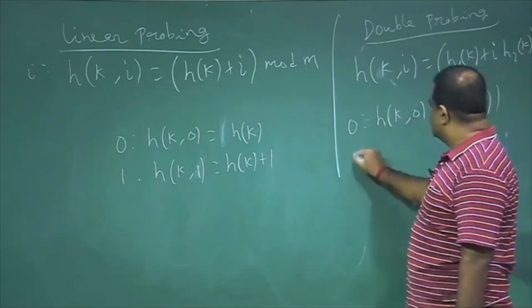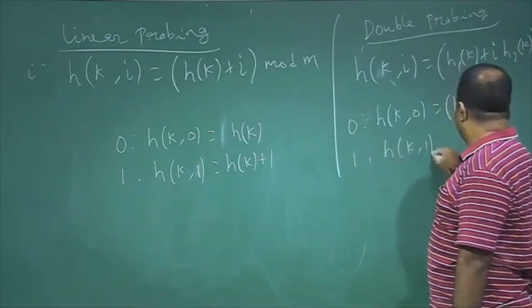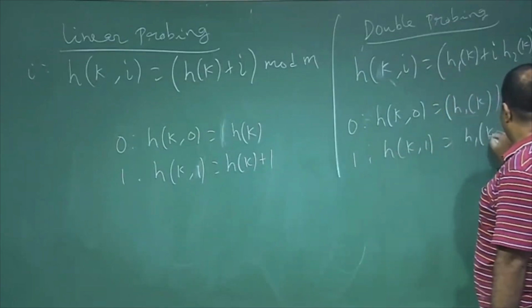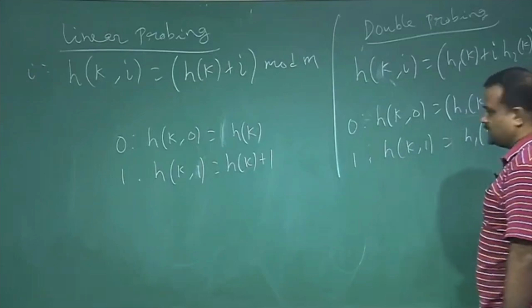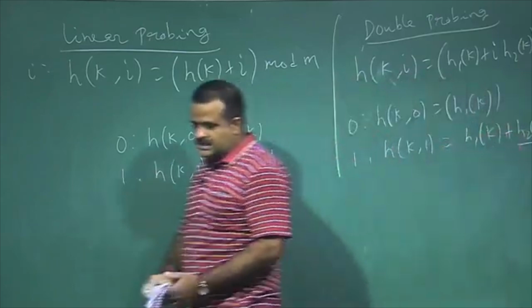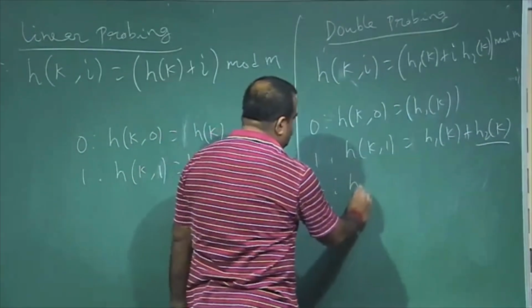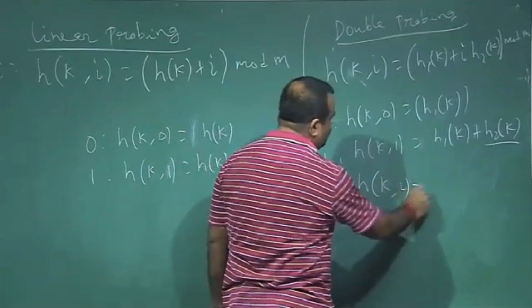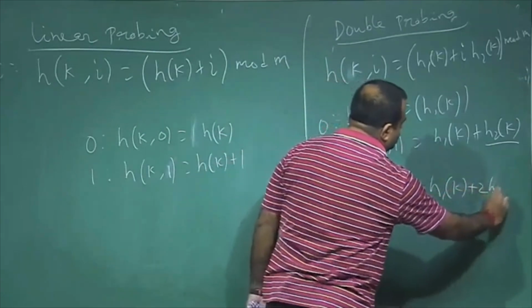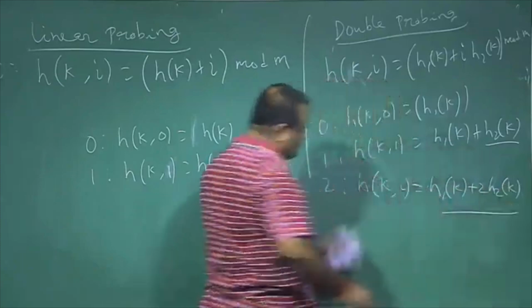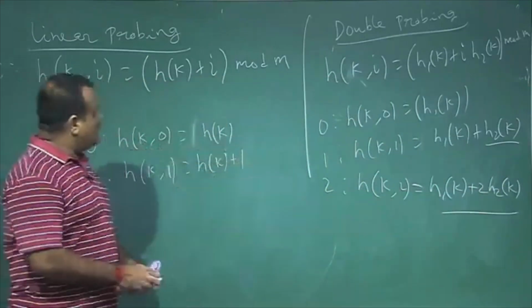If it hits an occupied slot, then we go for the next probe, which is h1 of k plus h2 of k. So we have another hash function we are adding, then mod m obviously. Then again, if it hits, we go for the next probe, but we already calculated these two values, so we just do this mod m and check. This is better than linear probing for avoiding clustering.